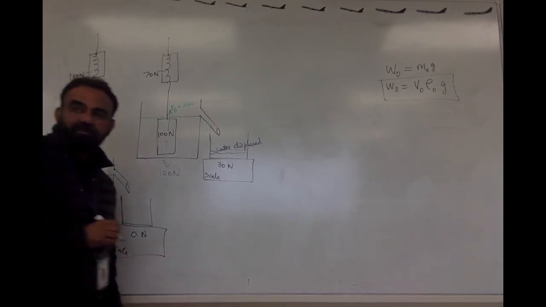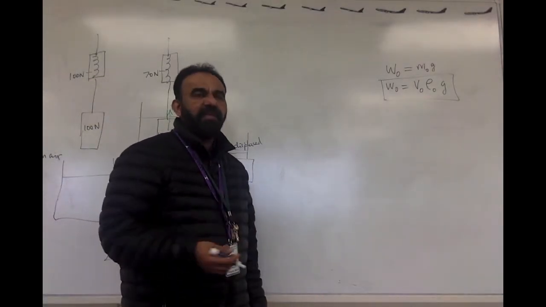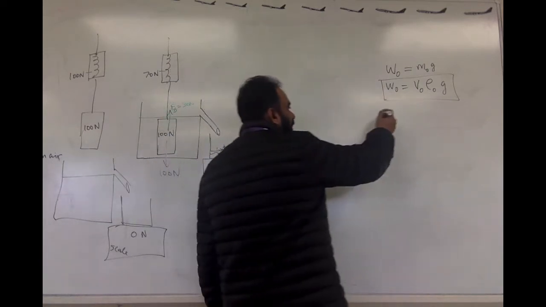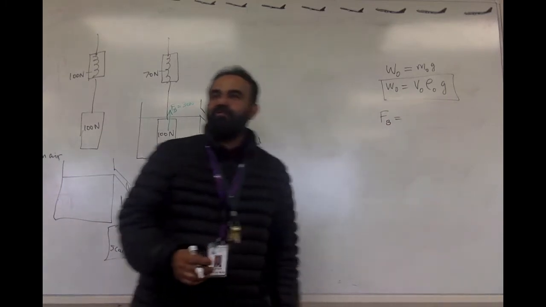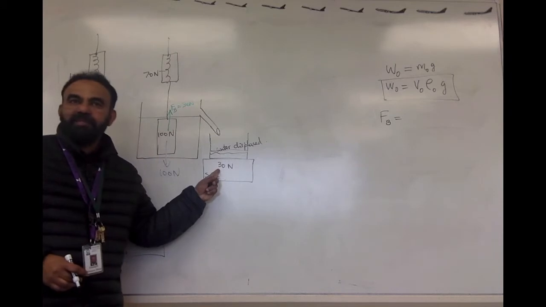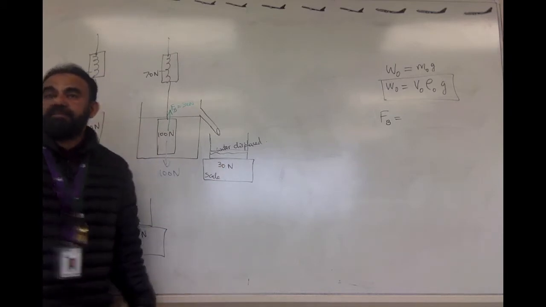No? We did this last class. Yes, you gave us these equations. Yeah, I gave you, but I'm putting it down again so that you know. Now, what is the other equation? It's the buoyant force. What is buoyant force according to Archimedes' principle? It's the weight of the fluid displaced, not the weight of the object.